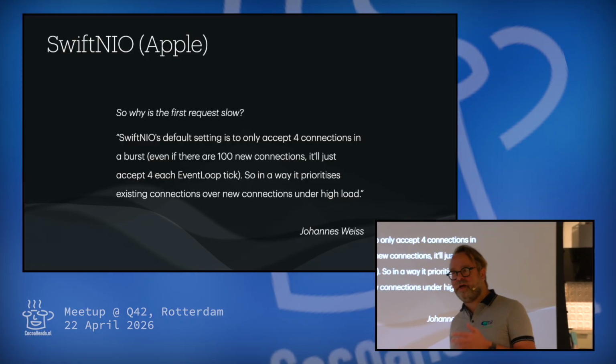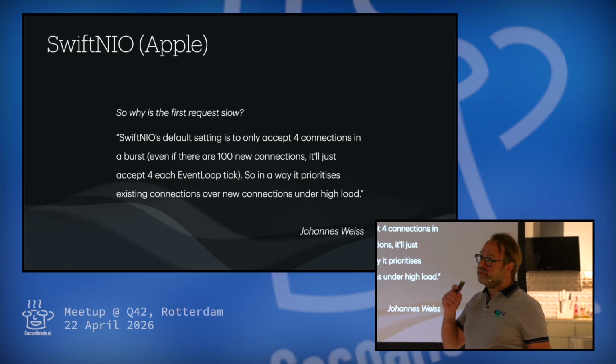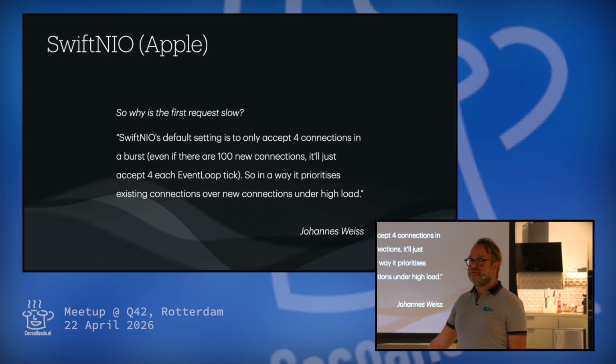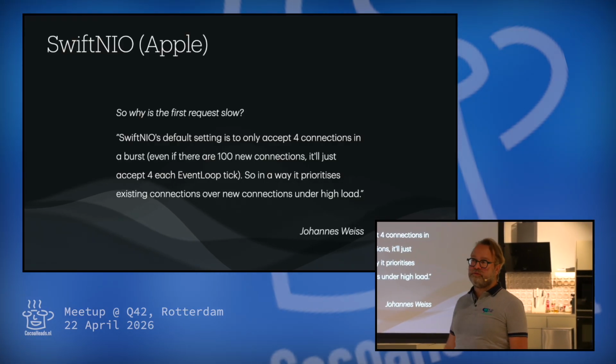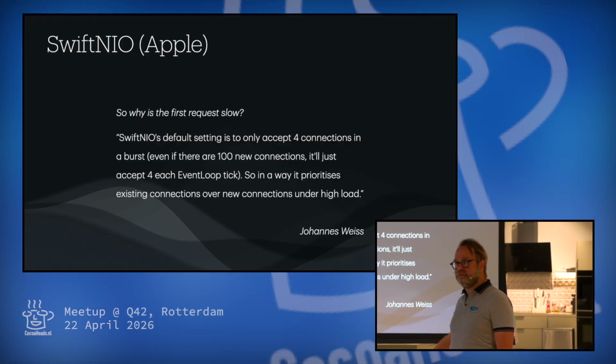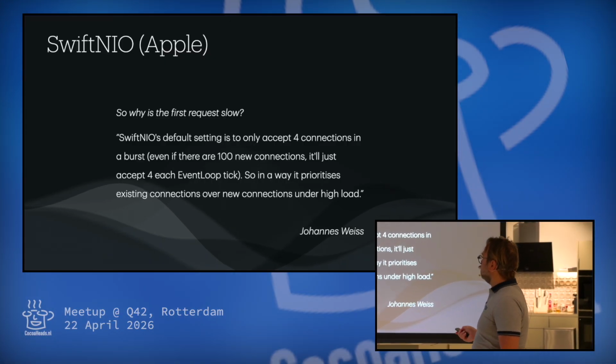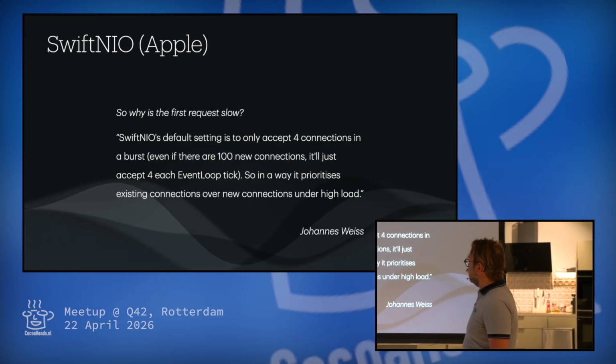That's normally fine in a normal server, but not if you hit it with 100 requests at the same time, or 400, or 1,000. So basically, it dropped those connections immediately to start working on the first 4. And then they all agreed, oh yeah, maybe we should raise that limit a little bit. So that was fun.